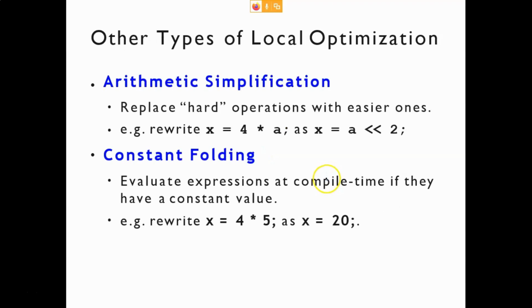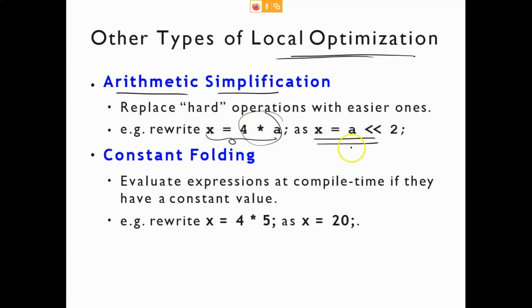Okay. Now another type of local optimization. So these are very simple optimizations. We have already seen arithmetic simplification in the last lecture. If you have a statement where you are multiplying by 4, you can just left shift 2 times. Multiplying by 2, you can left shift 1 time. Multiplying by 8, you can left shift 3 times.